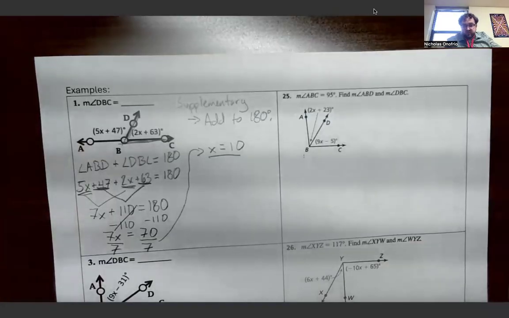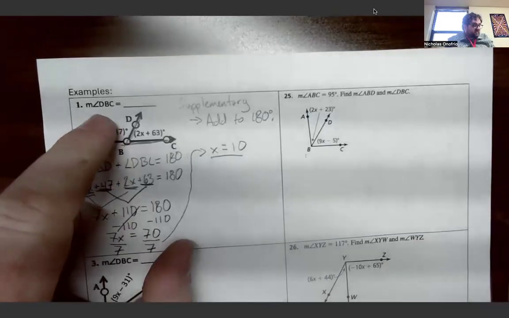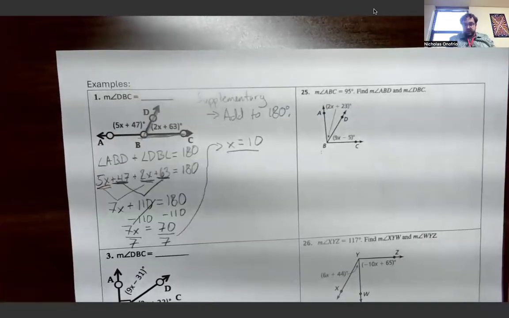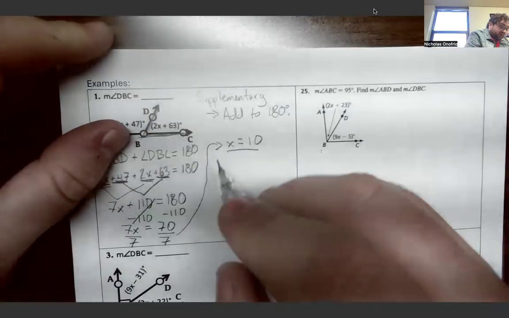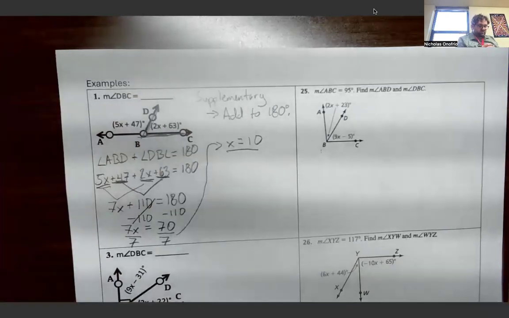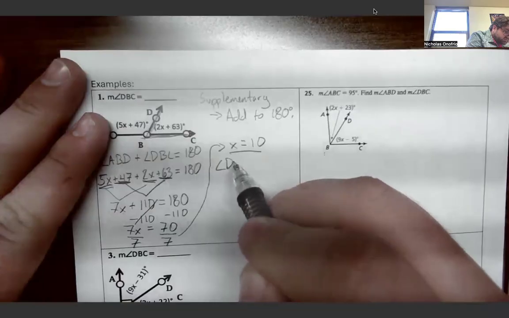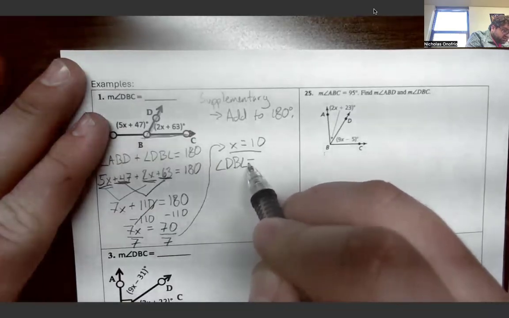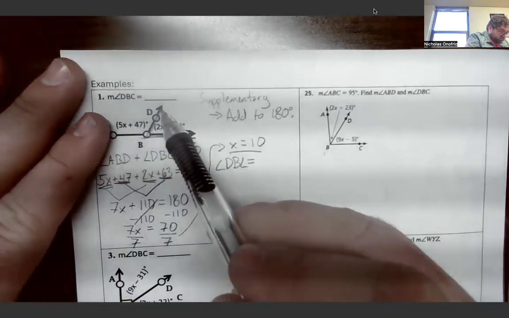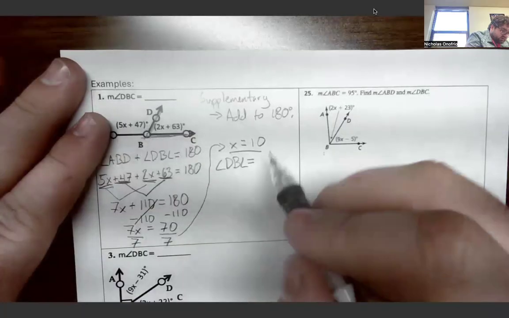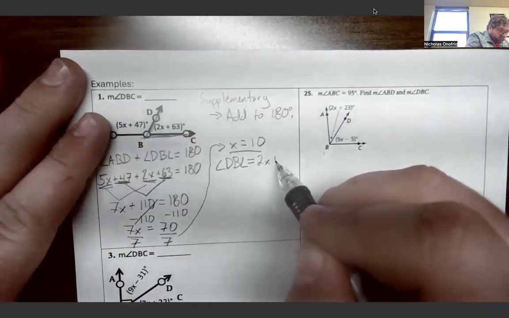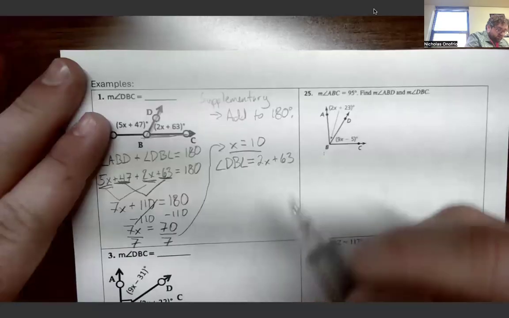Now, here's the problem. Our problem doesn't want the value of x. We want the measure of DBC. So we have to look at our diagram and figure out what's our equation for DBC. It looks like DBC is equal to, if I trace it, 2x plus 63.